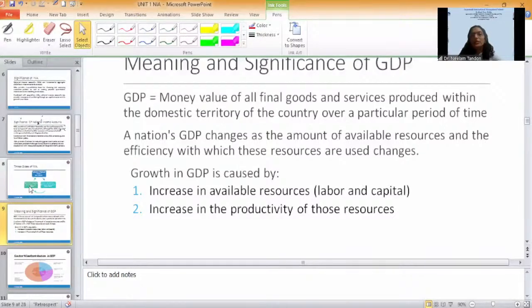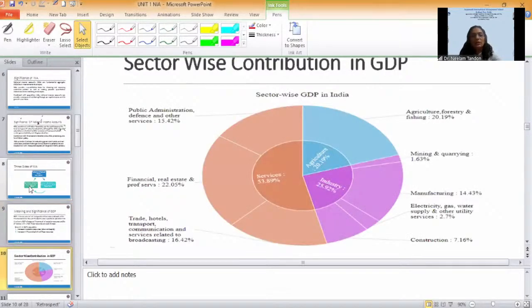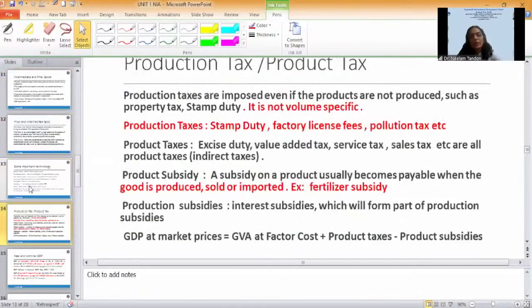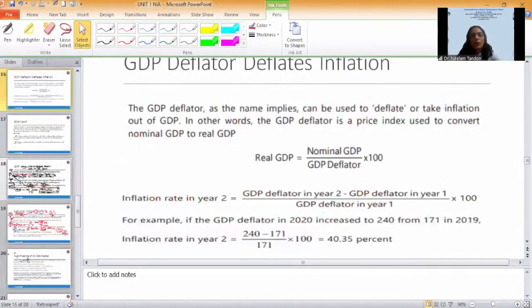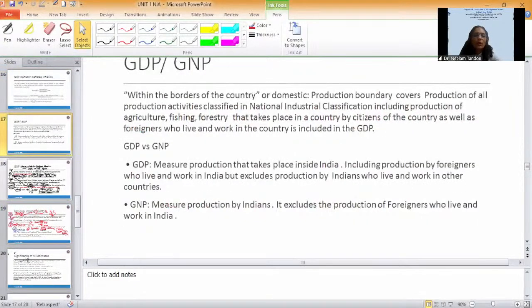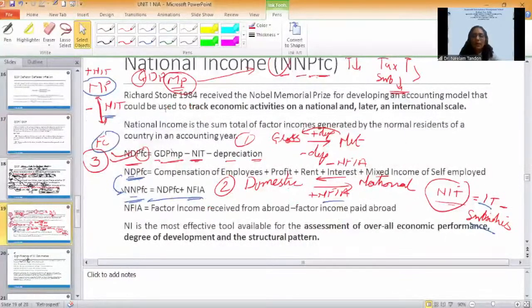So what are the two attachments with production? How much demand you create for it, how much companies go for investment in it, and how much income is generated through that. That is national income accounting, what we have shared. I will be sharing these notes with you. I will also share how the Government of India is calculating national income and what the subcomponents of it are.